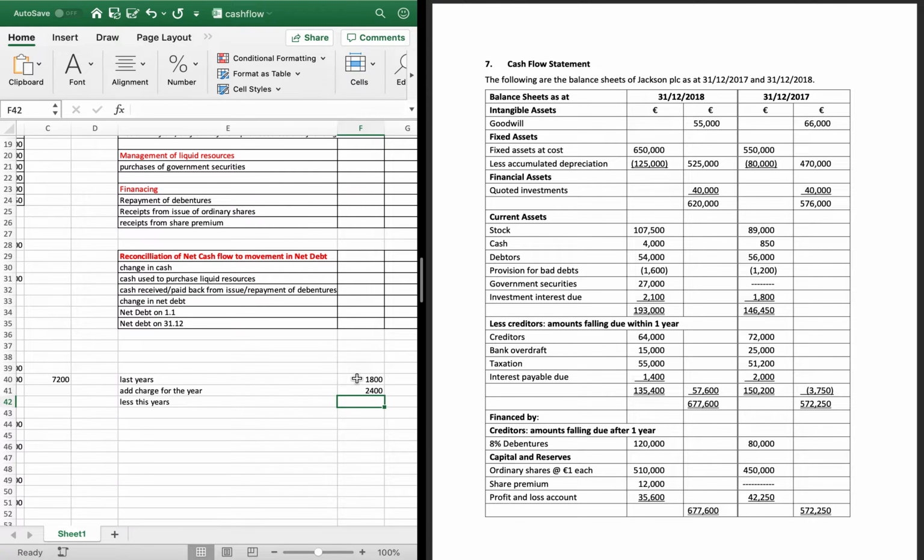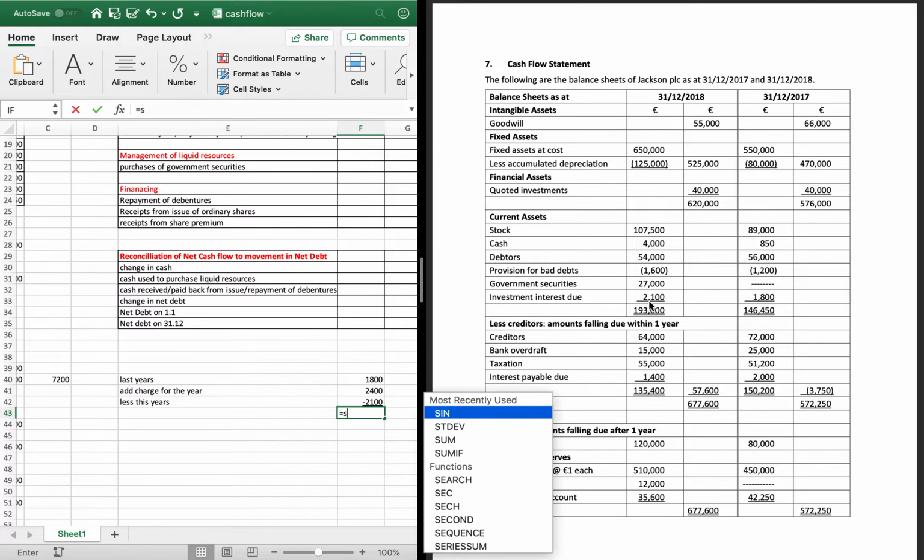We were owed 1,800 from last year. So if we've received everything we're supposed to get, that would be 4,200. But then at the end of the year, we're still due to get 2,100, so we haven't received that. So last year's what we're owed, plus this year what we're supposed to get, will give you what you should have got over the course of the year. And then if you take away what you're still owed, that'll give you the amount you actually did receive.